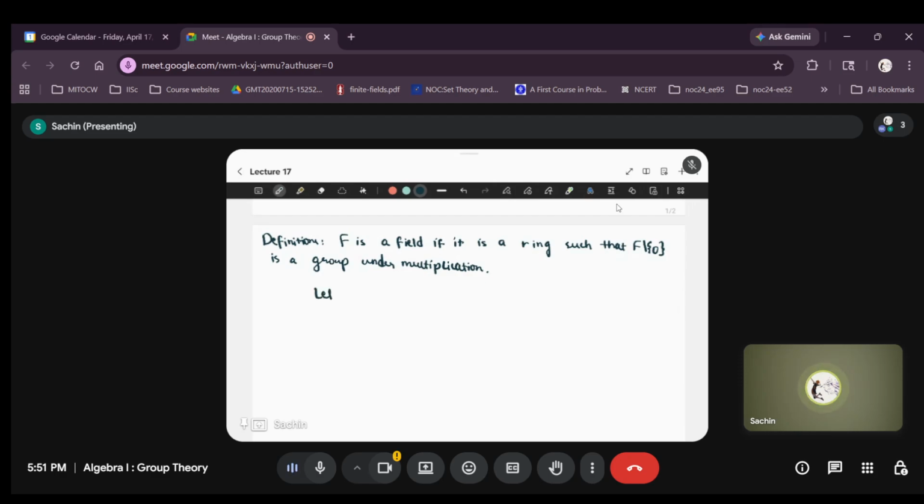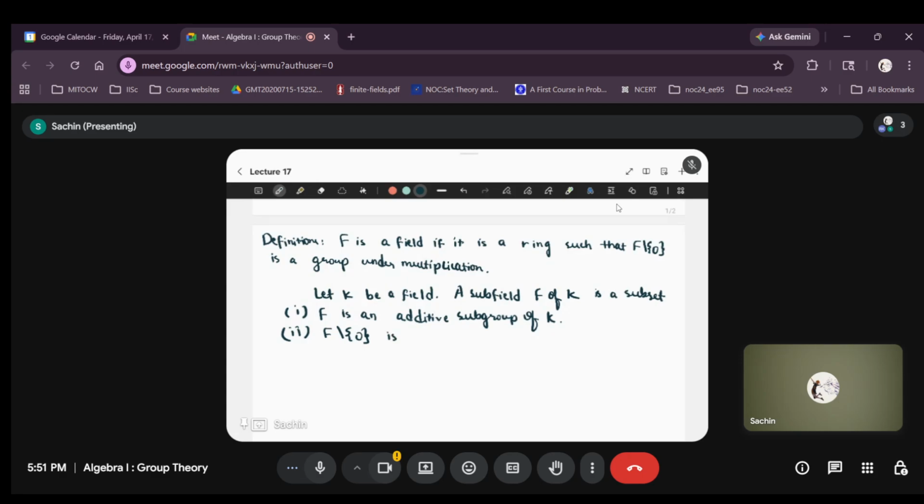Then let K be a field, a subfield. F of K is a subset such that F is an additive subgroup of K, and F minus 0 is a multiplicative subgroup of K minus 0.